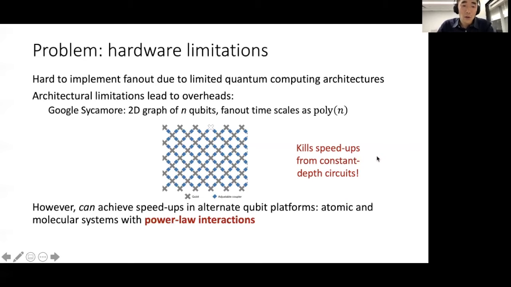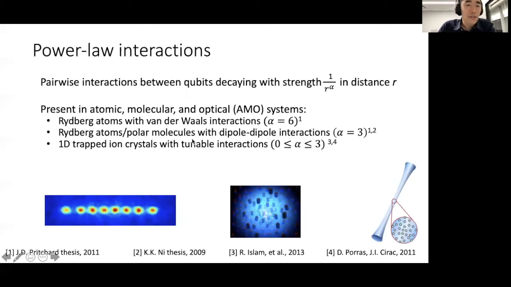However, one could potentially achieve the speed up using a slightly different platform for qubits, specifically that of atomic and molecular systems that have long range or power law interactions. So what are these power law interactions? Well, they consist of pairwise interactions between all of your qubits that decay with a strength that is inversely proportional to some power alpha of the distance between the qubits.